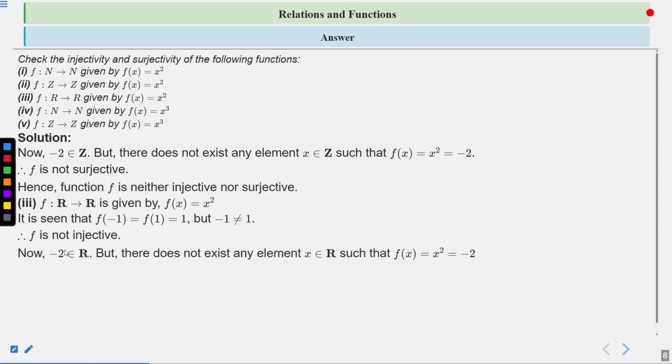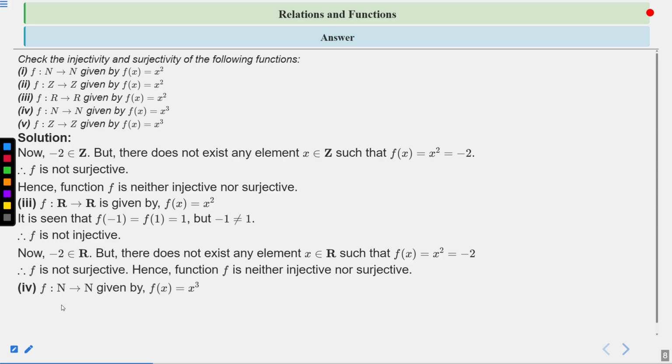Now picking minus 2 from the codomain set, there does not exist any element from the domain set such that f(x) is minus 2. Why? Because we do not have any real number whose square is negative. So not surjective. Hence, function is neither injective nor surjective.